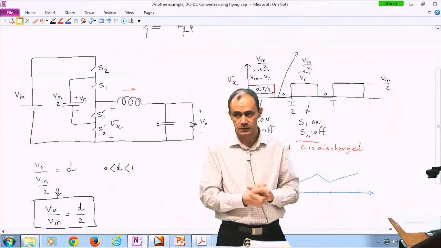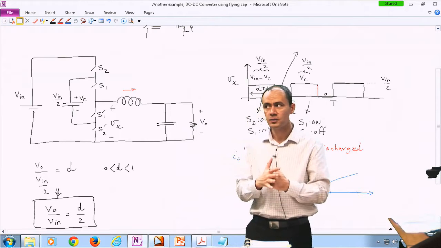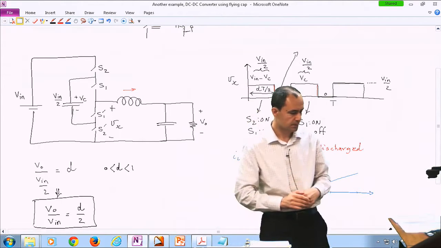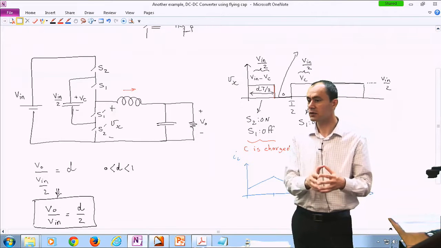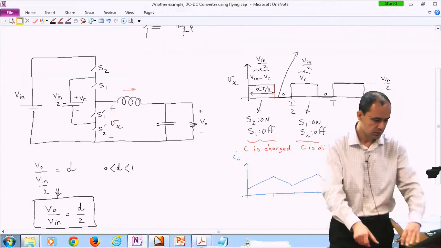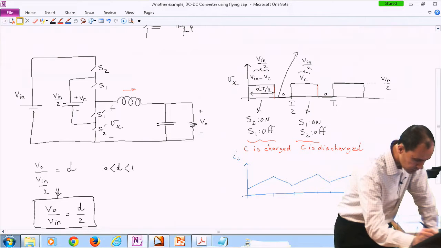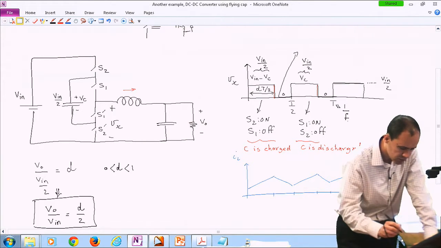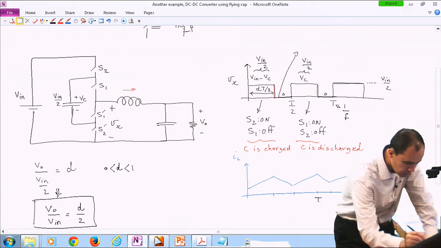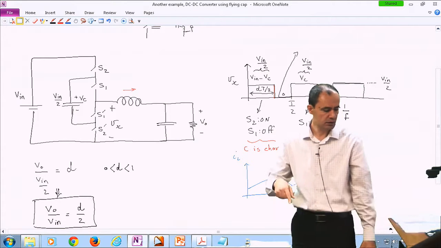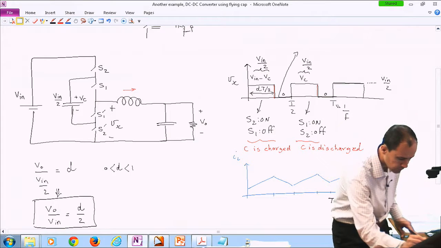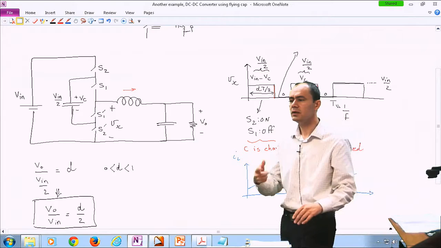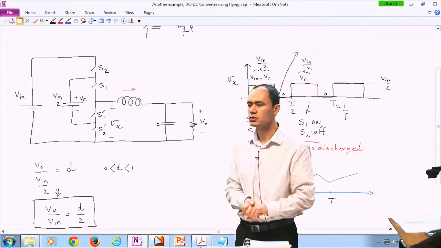Any other questions? One other advantage about this topology is the real switching frequency and the effective switching frequency are different. If you remember, I call this the switching period, which is 1 over f. But if you see, the inductor current is repeating itself twice in one of our switching cycles.